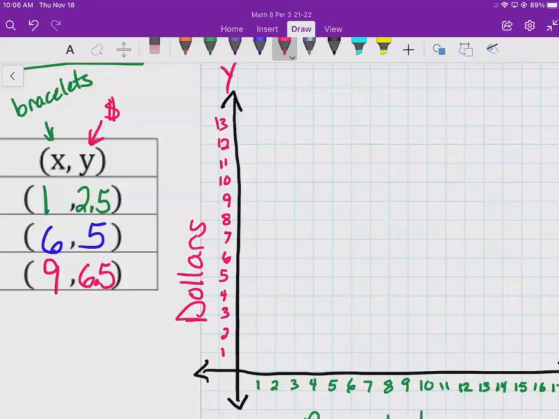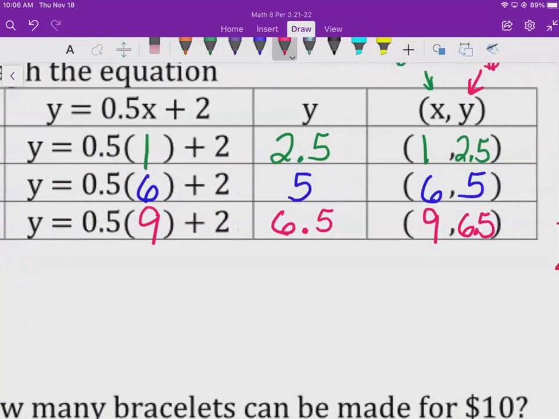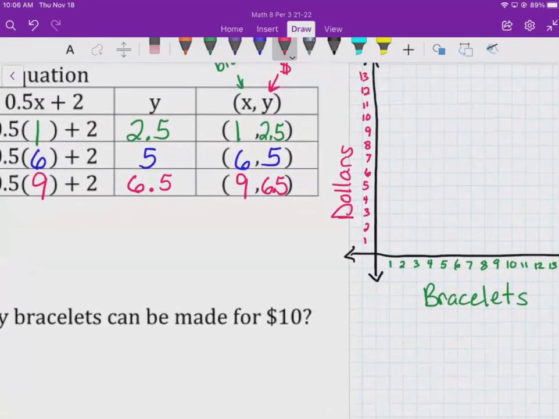If you need to hit pause, which you should be doing every time you go to write, hit pause and get this graph made. You have room on your page. You might need to do it over here, but you still have room. Get that done and then come back.